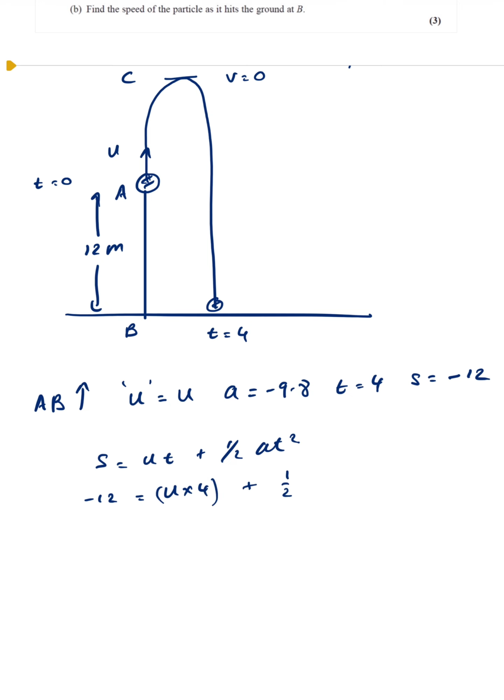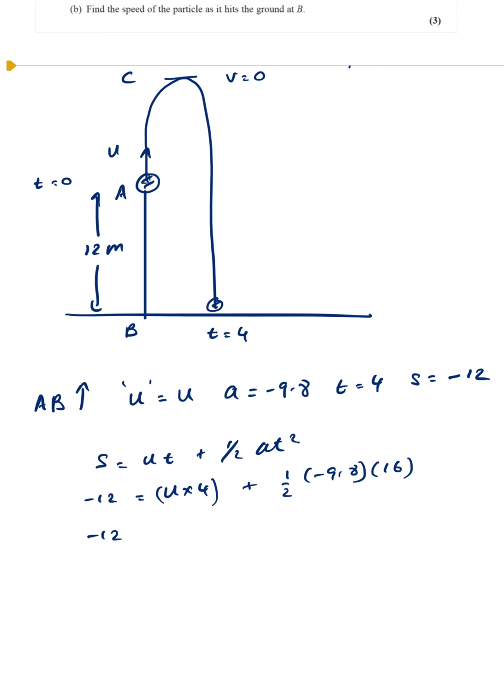Then we got half times minus 9.8, and again t squared is 16. So you got to simplify this. Let's multiply half into 9.8 into 16, and that's going to be 78.4.